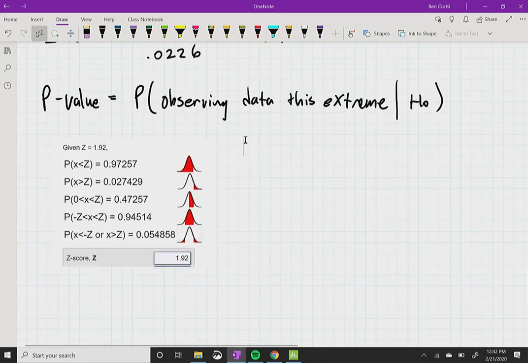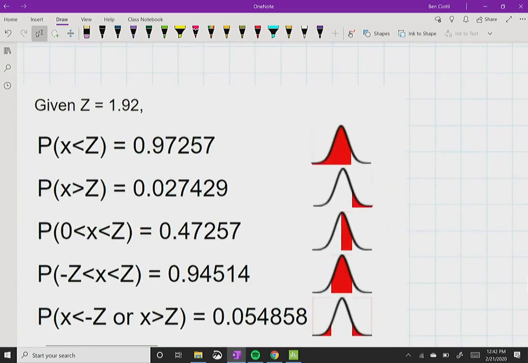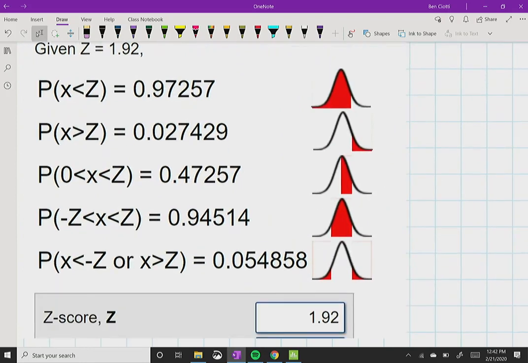Okay, so what I'm trying to say is I want all the data that is 1.92 or more. In other words, I'm caring about this picture right here. This is the probability that I'm interested in.